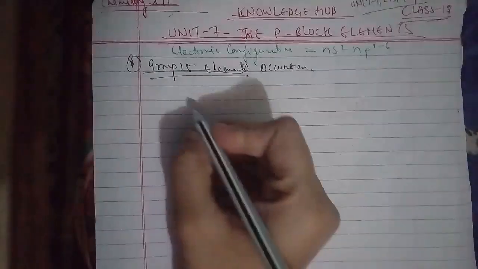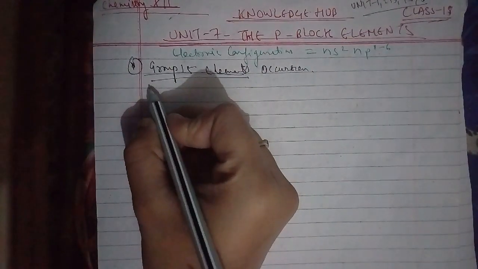Then we have nitrogen, phosphorus, arsenic, antimony, and of course bismuth. For the properties, the first property we'll talk about is atomic number.